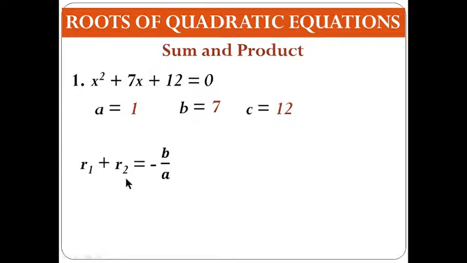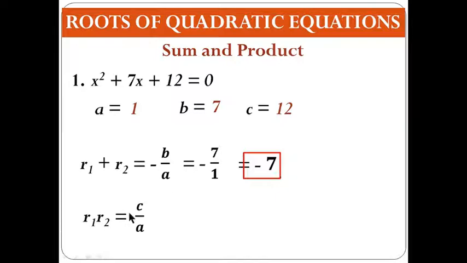Yung sum, negative b over a. So, substitute natin yung b and a. Negative 7 over 1 or negative 7. So, yung ating sum is negative 7.